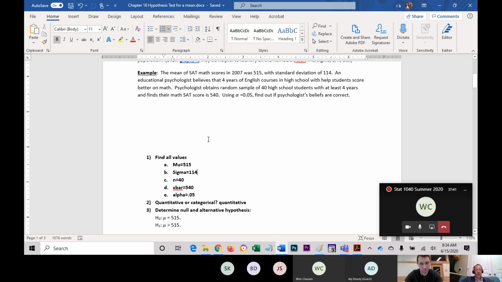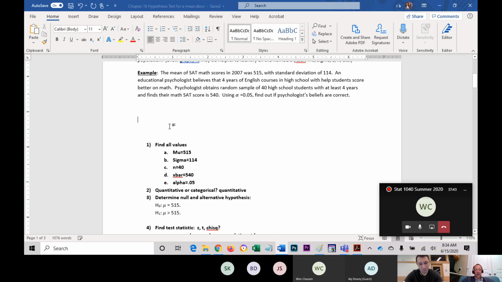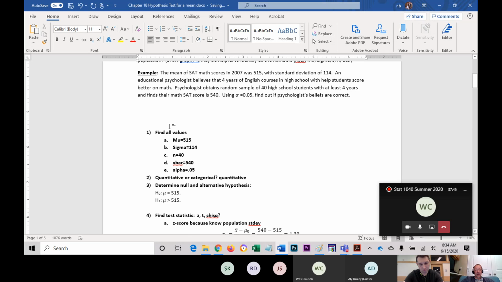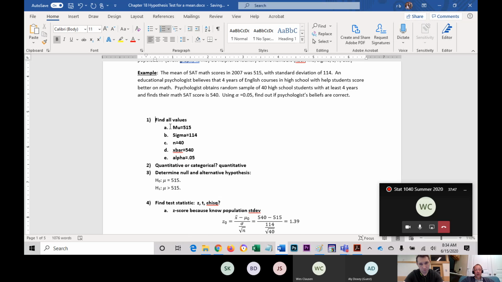So I'm going to be using a z-test. Plugging it in, z equals 540 minus 515 over 114 over the square root of 40, which gives me a z-score of 1.39.